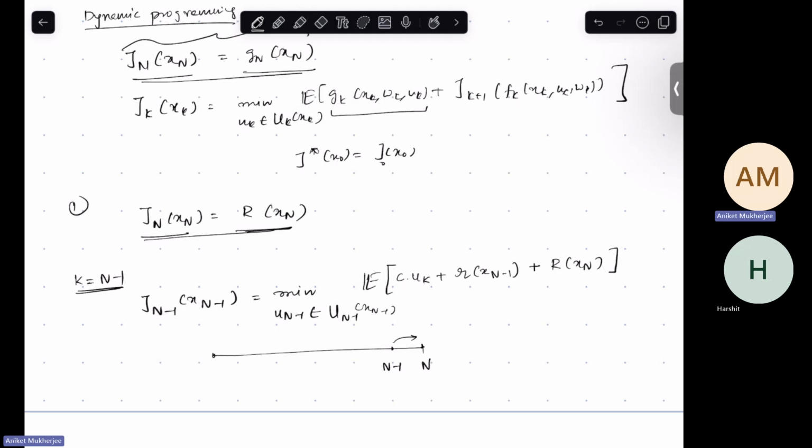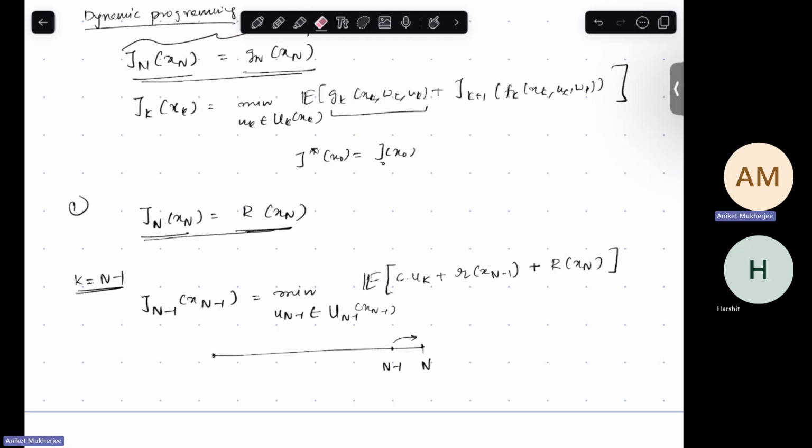You forget about the whole problem of going from 0 to n, and you just want to see, okay, I want to go from n minus 1 to n, then what is the optimal step that I can take? So you're solving one optimal problem and you're finding out just one function, not a whole string of them. But going from n minus 1 to n, you need to know all the terminal costs that you can have at n.